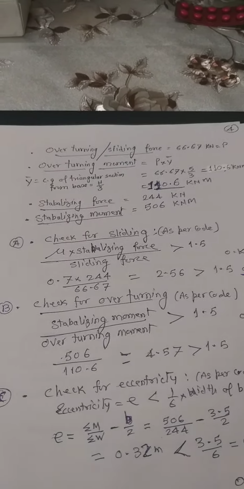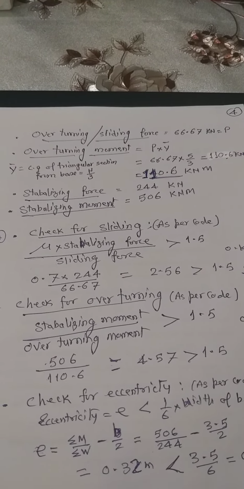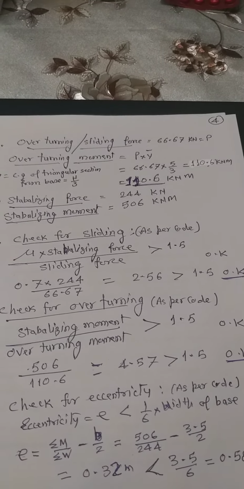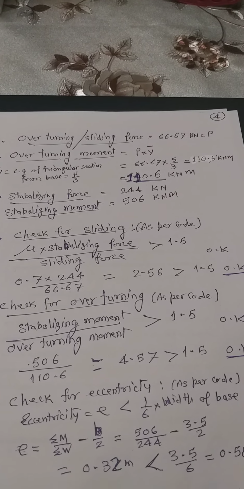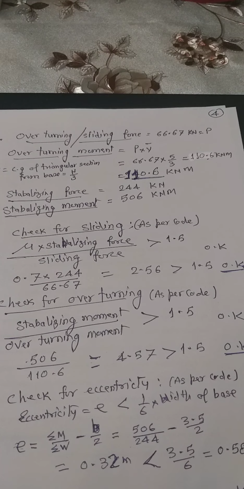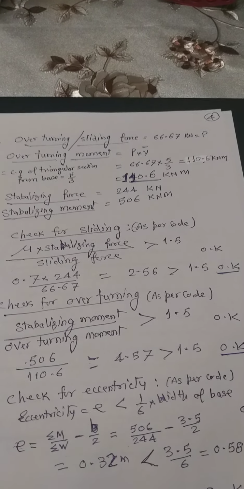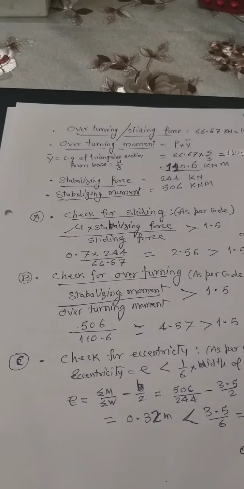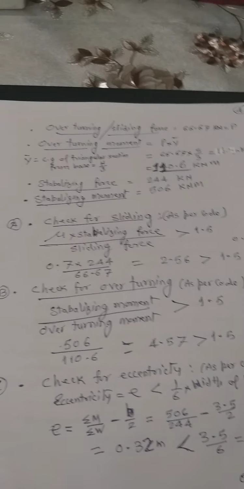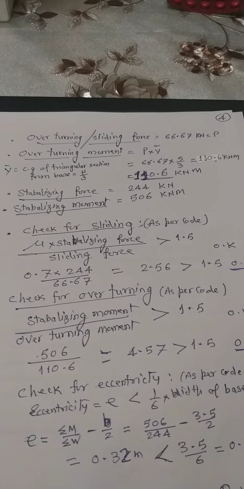Now again picking up the previous results for convenience of calculations: stabilizing force 244 kilonewton, stabilizing moment 506 kilonewton meter, overturning force 66.67 kilonewton, and overturning moment 110.6 kilonewton meter. Now we have already discussed we have to apply all the 5 checks. So we start the first check, that is mentioned as A over there, that is check for sliding.